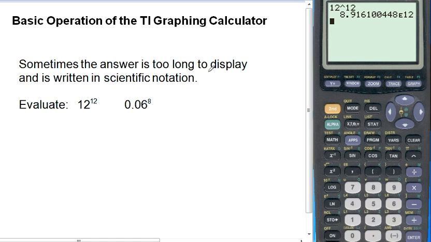What does that mean? It means that you need to move the decimal point 12 places to the right of where it is presently. So usually you do that by writing the number down. Okay, and I'm going to type this one here.